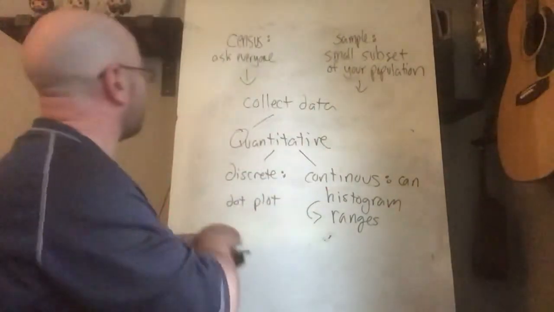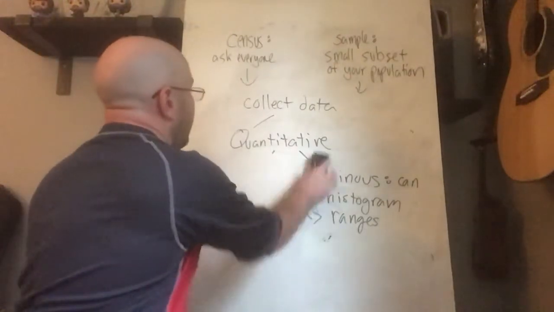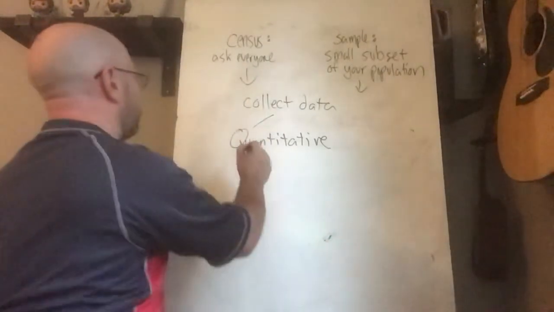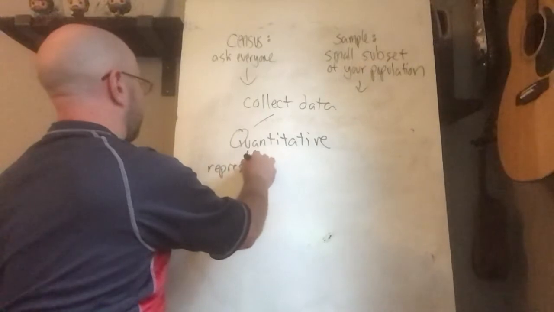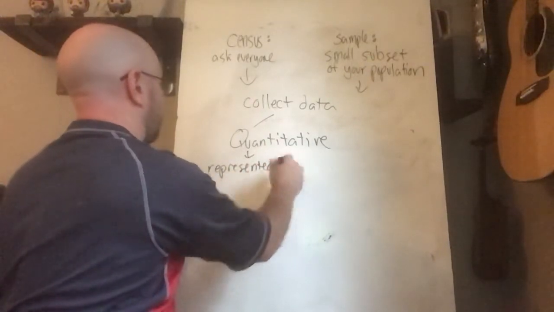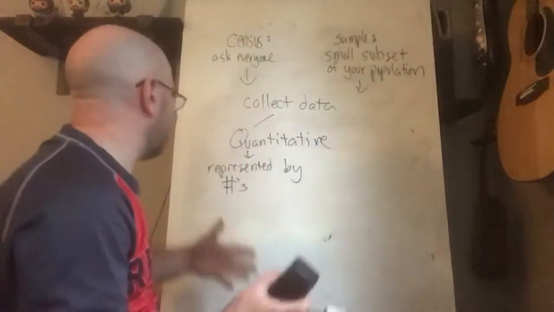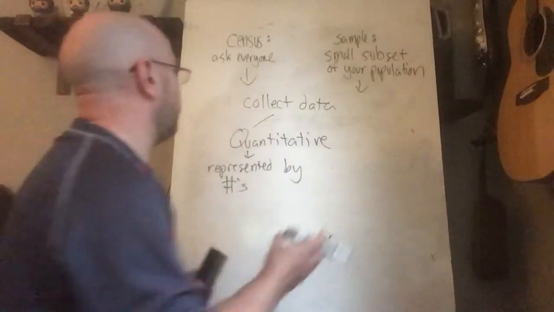So just to review, you collect data. You can get data that is quantitative, which is represented by numbers. And again, those numbers are like ordinal. They represent something. They're all something in relation to each other.